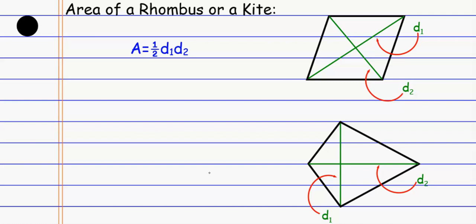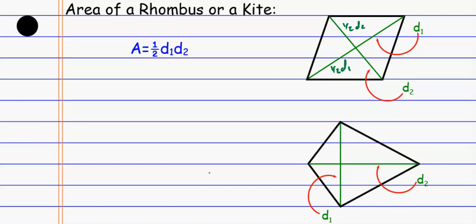And again, as you look at each of these, notice it's just 4 triangles. When you look at the rhombus, it's 4 congruent triangles, and that's where this comes from, and that's why it looks similar. That's why it has the 1/2 in there, all right? With a triangle, it's 1/2 the base times the height. And when you think about that, it's interesting because this is like half of diagonal 2, and this is like half of diagonal 1.